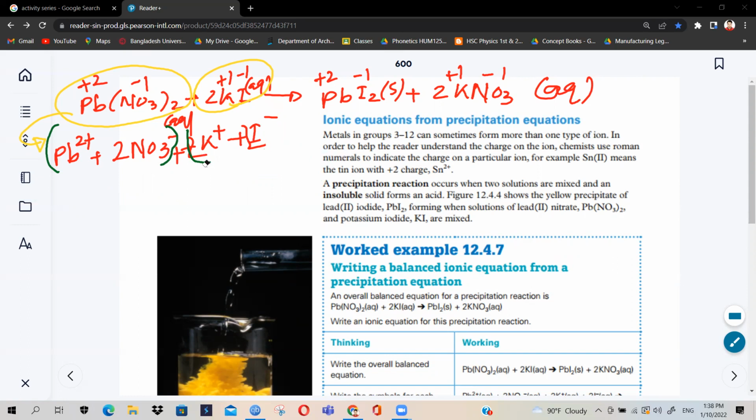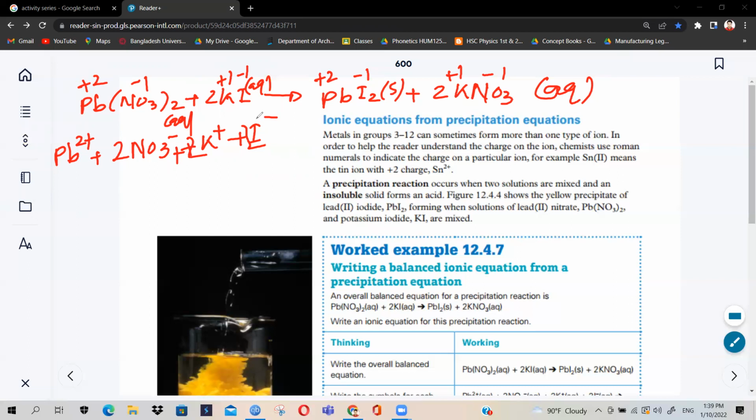Let's say we have only the left side. If we distribute all the ions in the left side, what do we get? Lead 2+ from here, then NO3- from this portion multiplied by 2 because 2 NO3s are there, and 2K+ and 2I- because 2 potassium ions and 2 iodide ions are there.